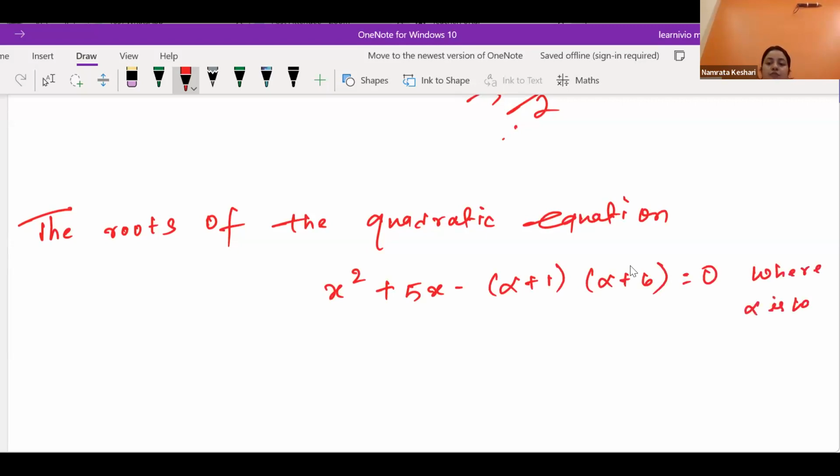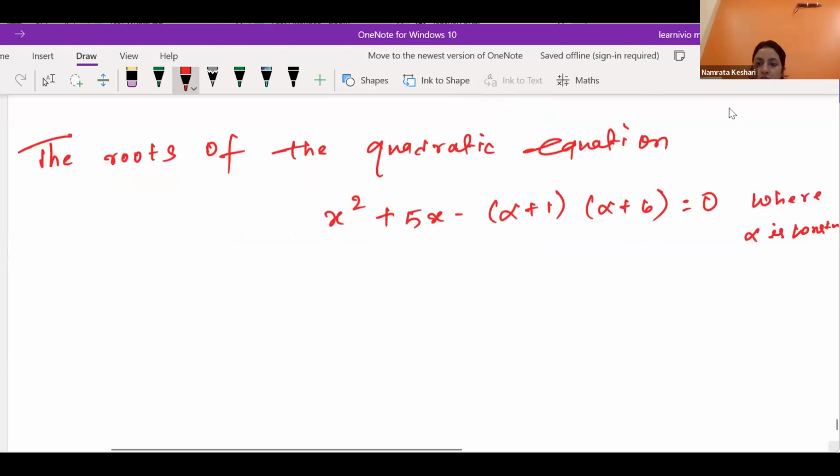You have to find the roots of this quadratic equation. Okay, I am giving a few more questions. Just start doing it. Solve for x.